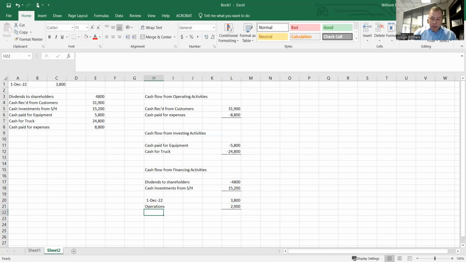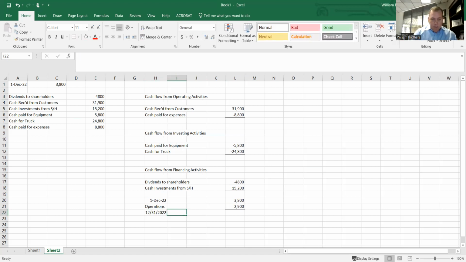And so when I look at my ending cash at the end of the month, I'm going to take what I had plus what I had during the month, and I have $6,700 favorable cash flow to go into the next period. And that's how you solve the problem.